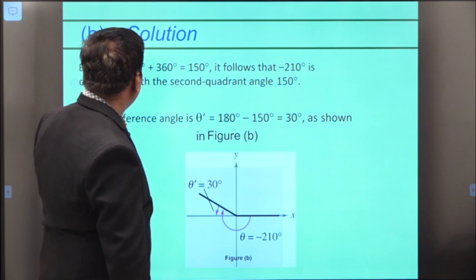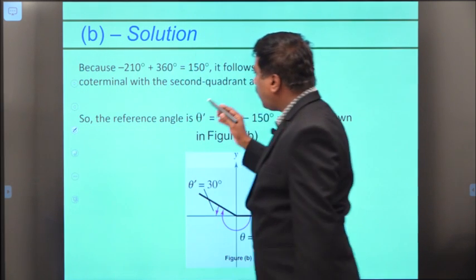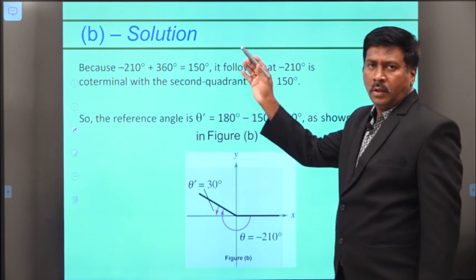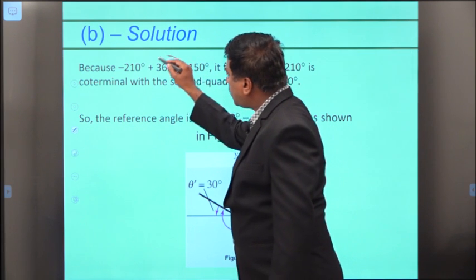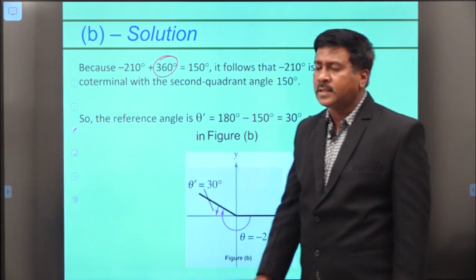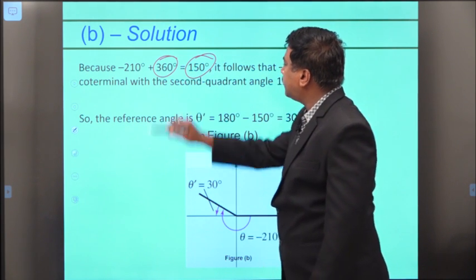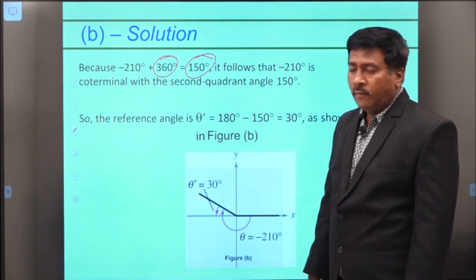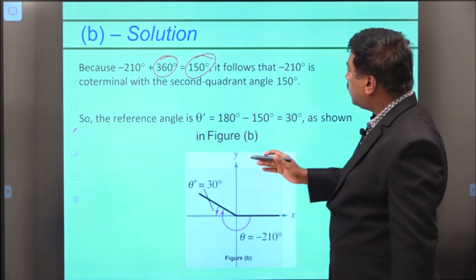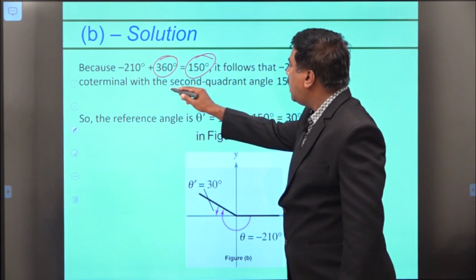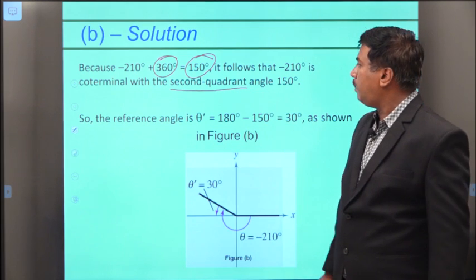We have to consider the negative direction. That means one cyclic rotation is to be completed, so we consider minus 210 plus 360, which means 150 degrees. 150 degrees lies in the second quadrant of the coordinate plane.